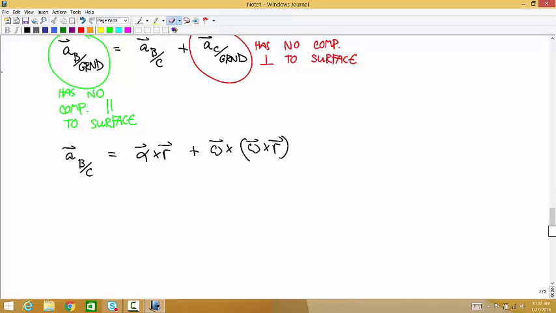Okay, so now the two that we do know something about. Acceleration of B relative to the ground is equal to a part that's parallel to the surface plus a part that's perpendicular to the surface, and we know that this one is equal to 0.